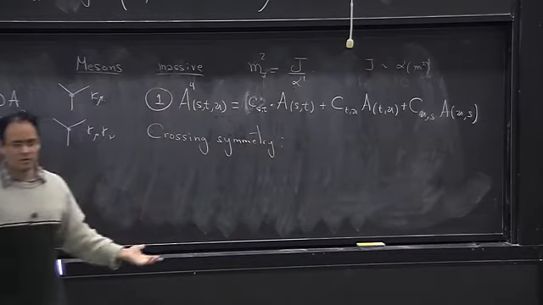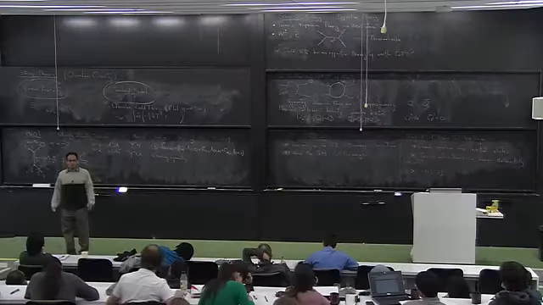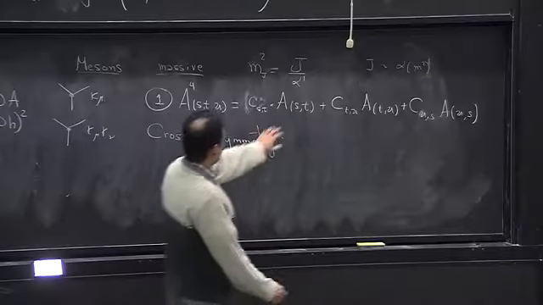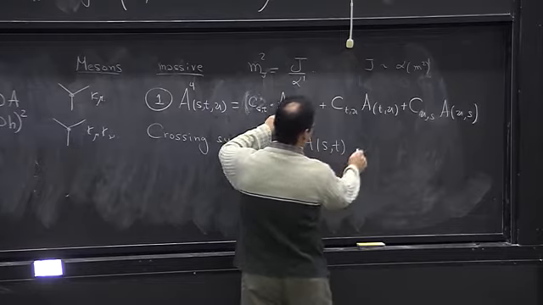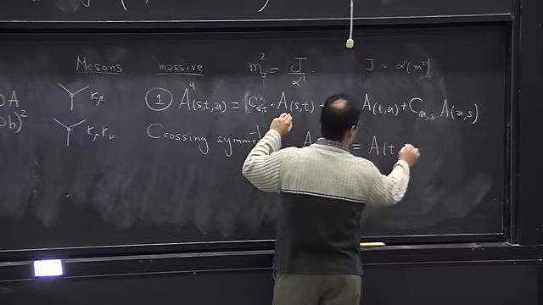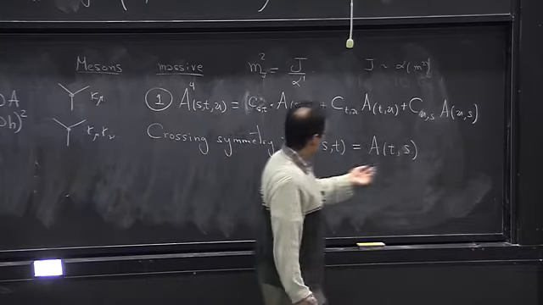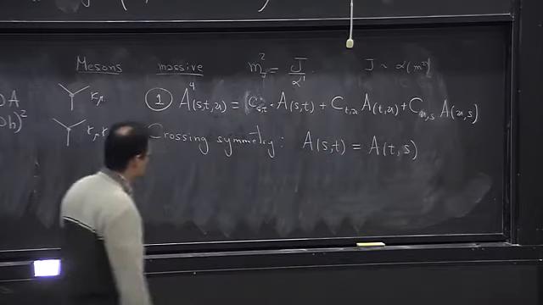Have you seen this in quantum field theory? You probably saw that in quantum field theory, one can show that there is crossing symmetry in the S matrices, which in terms of this means that this must be equal to this. Okay? Or the amplitude in the S channel can be related to the amplitude in the T channel by analytic continuation.